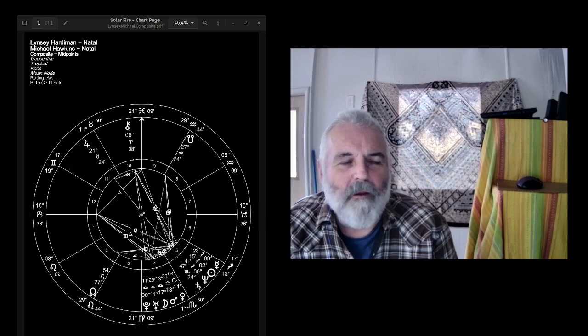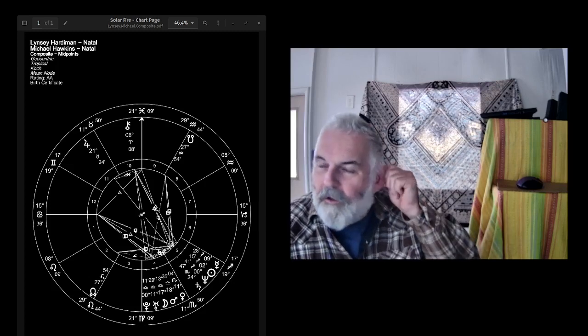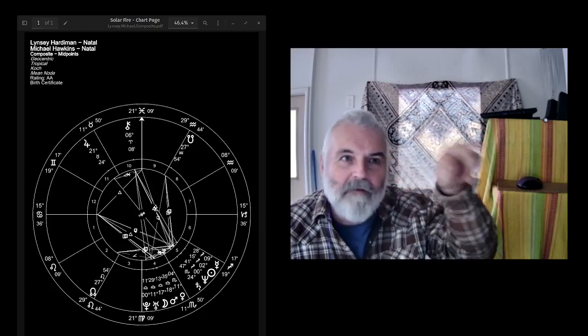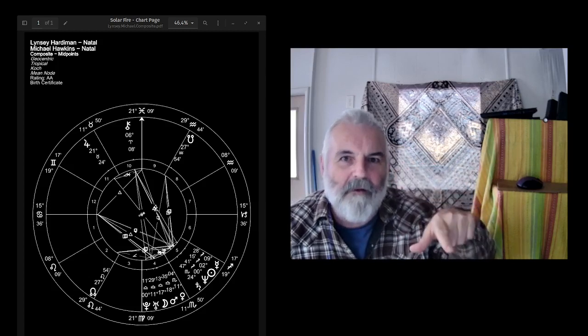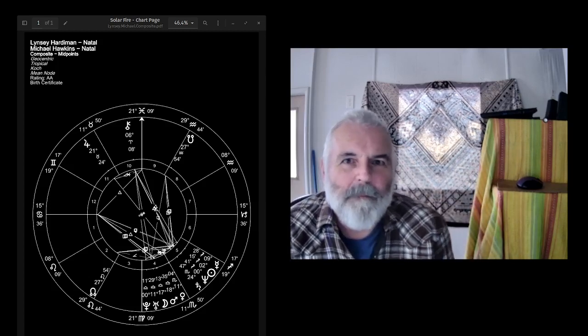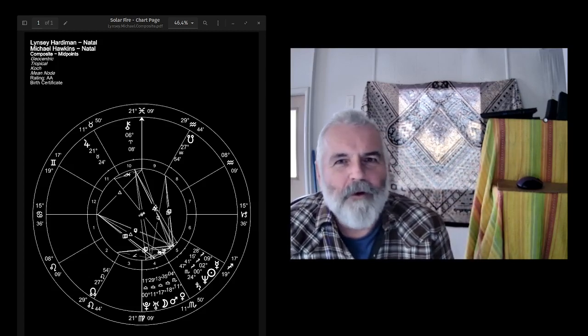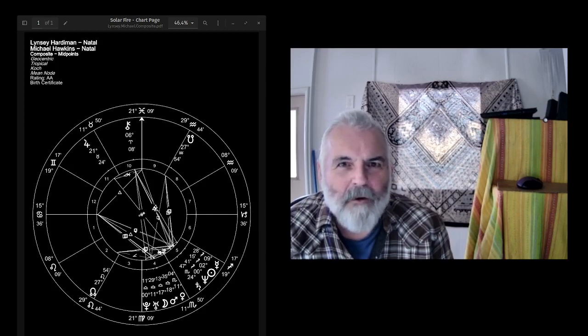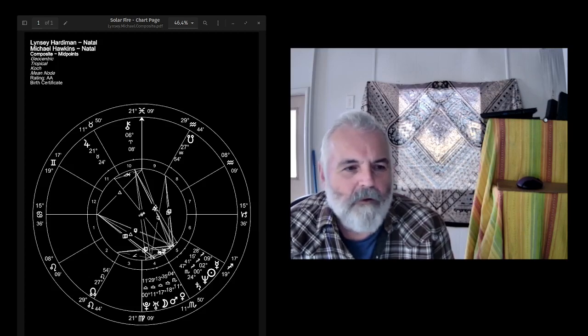And then if there's any time, we can look at the transits outside of our composite just to see. Mostly I was curious about Mars, because Mars is the instigator, starts new cycles, starts new things. So anyway, we'll take a look at all those.